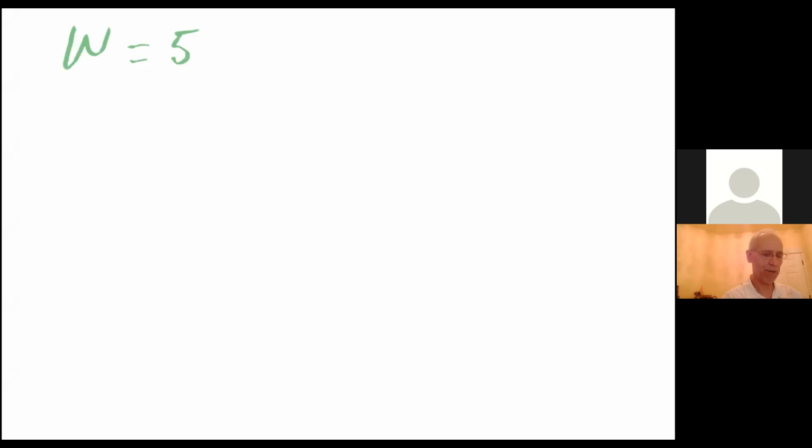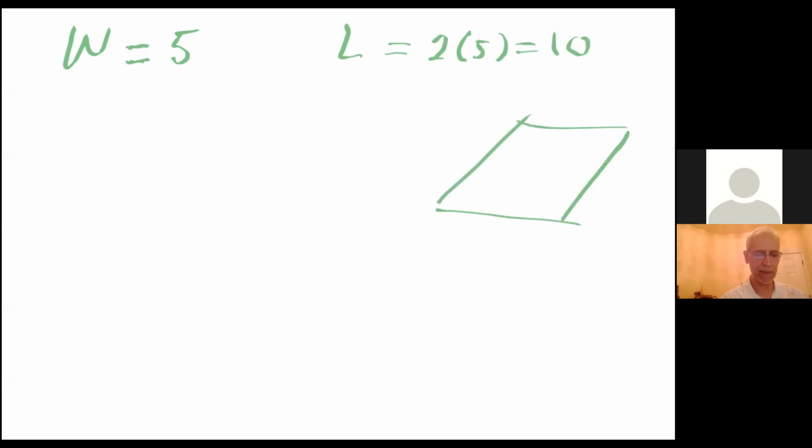So I know that width equals 5. The problem is telling me that length is twice as much as the width, so L equals 2 times 5, which equals 10. So my box now has, this is 5, this is 10.